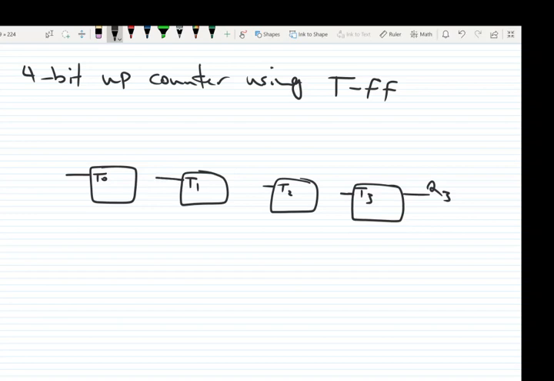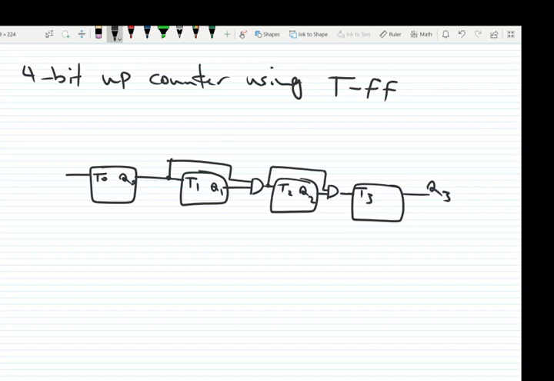T1 is connected to Q0. T2 is connected to Q1 and Q0. T3 is connected to Q2, Q1, and Q0.